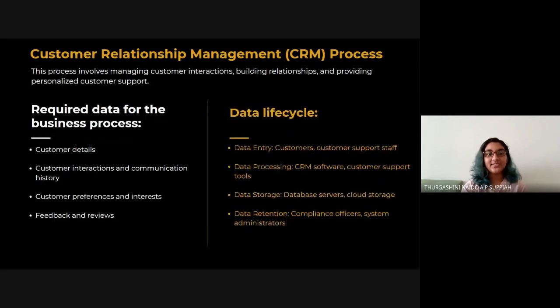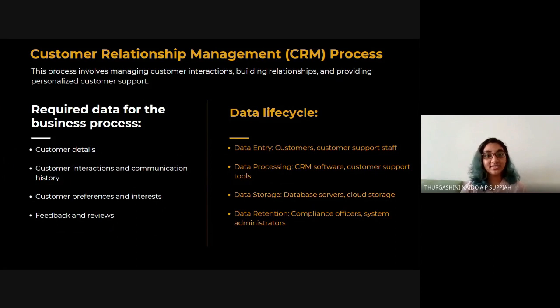And the third one is the customer relationship management process, which involves interactions, building relationships, and providing personalized customer support. The data required are customer details, customer interactions and communication history, customer preferences and interests, feedback and reviews.